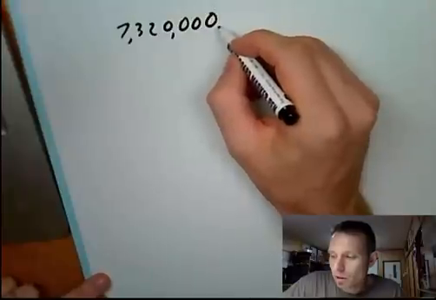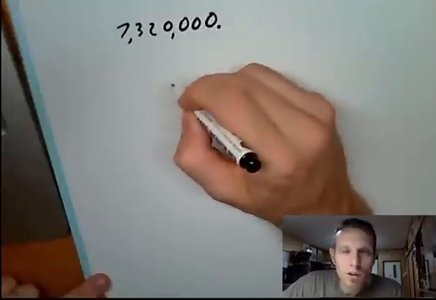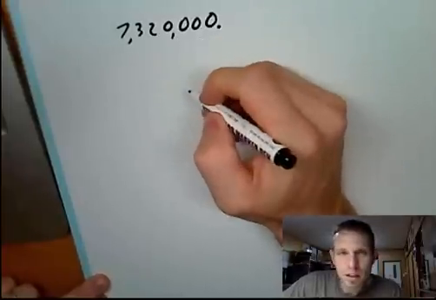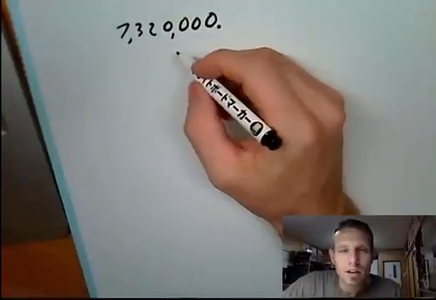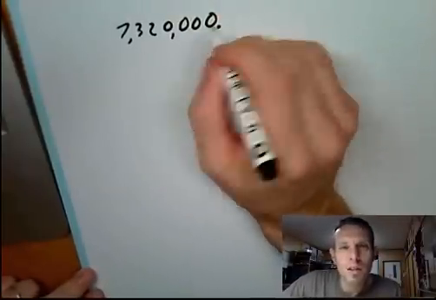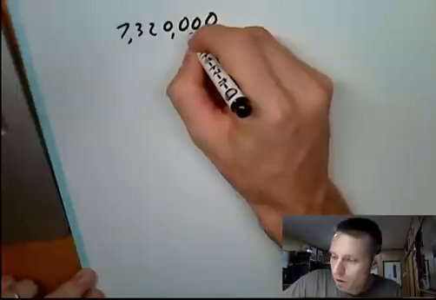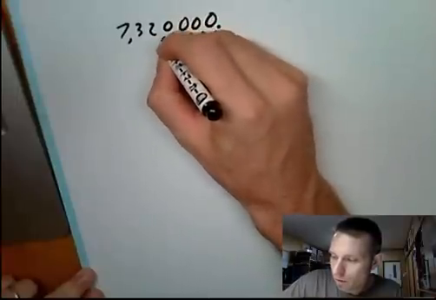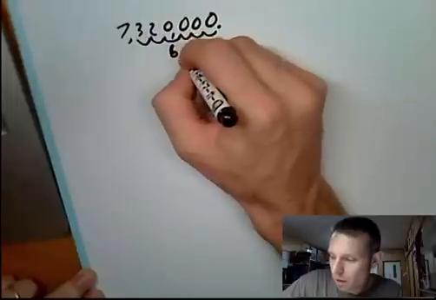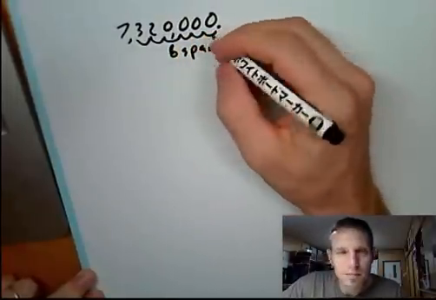So we start with where the decimal currently is in this number, and then we move it over however many spots it takes to get a single digit in the ones place, and then the decimal point, and then the rest of the decimal. In this case we move it 1, 2, 3, 4, 5, 6 spaces, 6 decimal places.